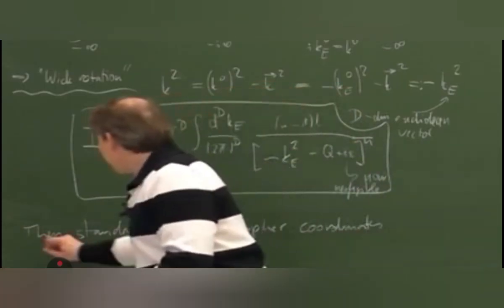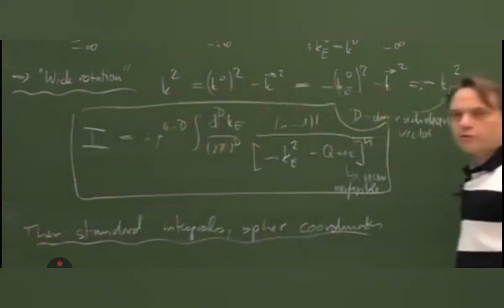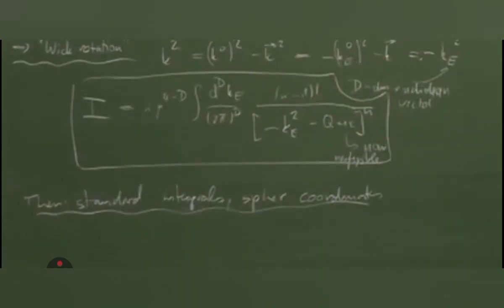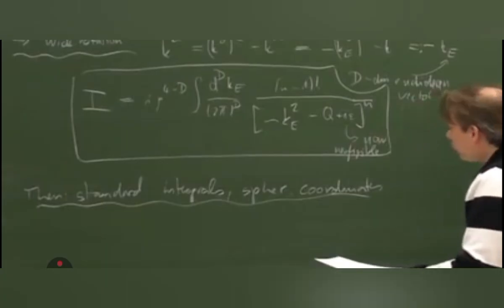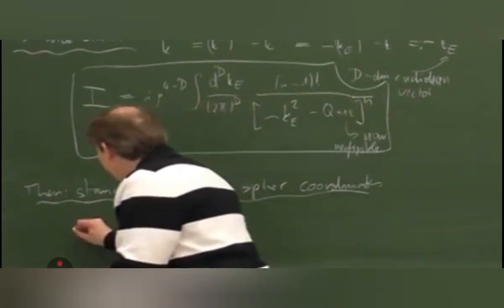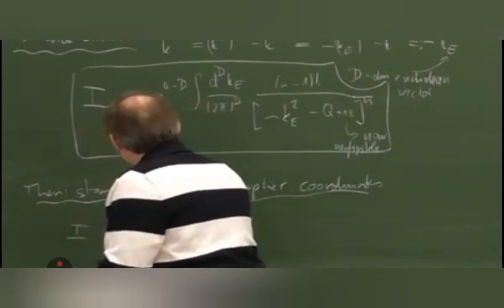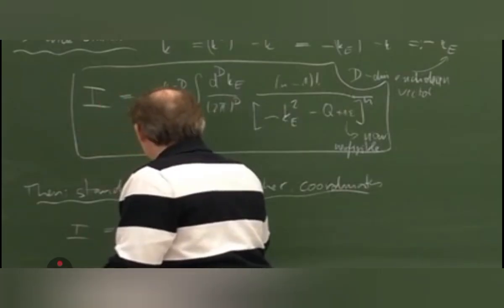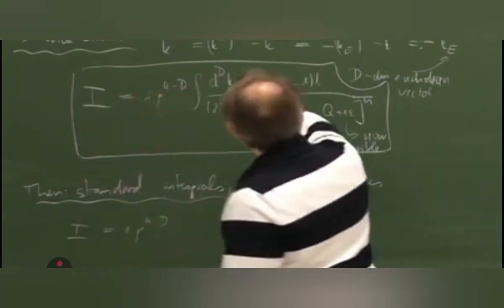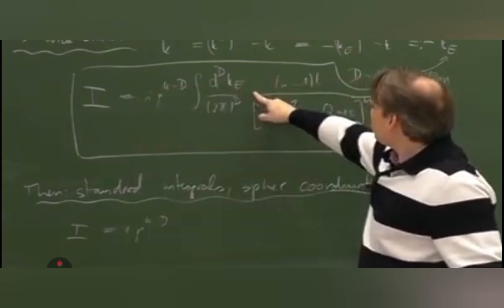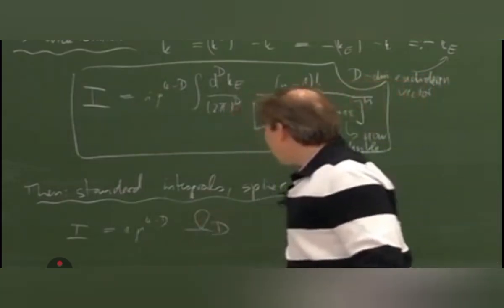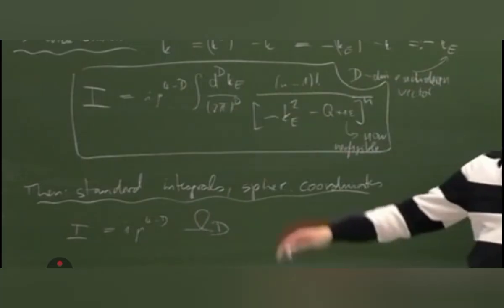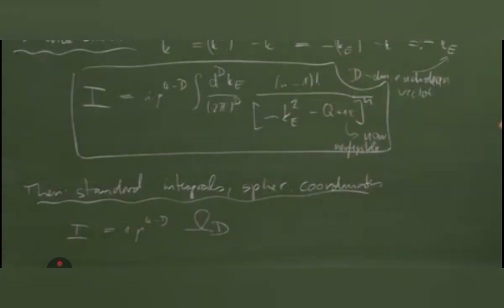And you have an exercise where I assume that you can check all the integrals which now come. And so actually the result is then simply the following. Our I is i times mu to the power 4 minus d times. So spherical coordinates which are completely symmetric, we get a factor of the d-dimensional surface of the d-dimensional unit sphere.